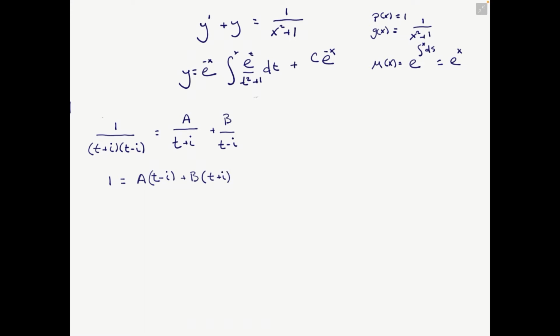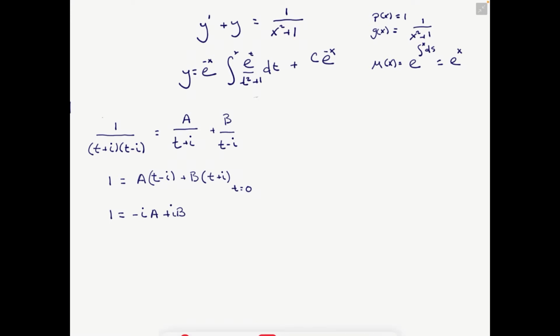And we solve for a and b, the unknowns. So let t equal 0. So we've got 1 equals minus iA plus iB.